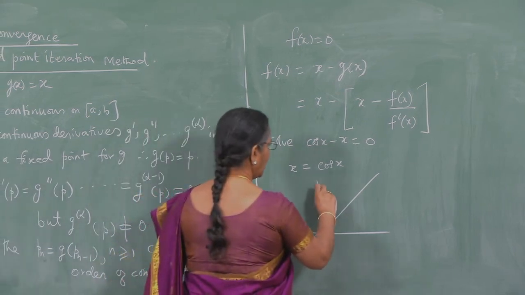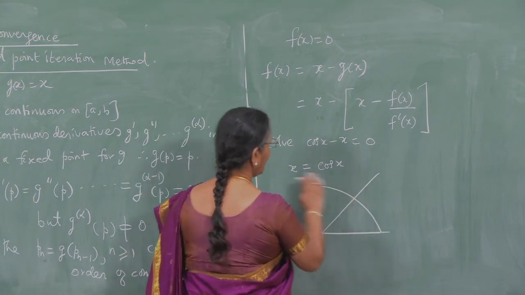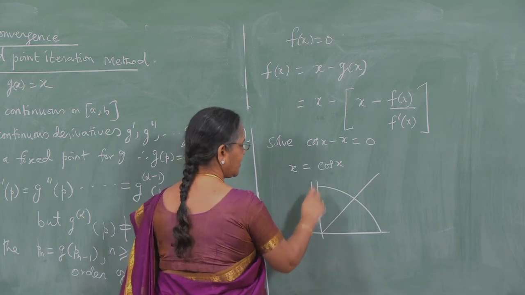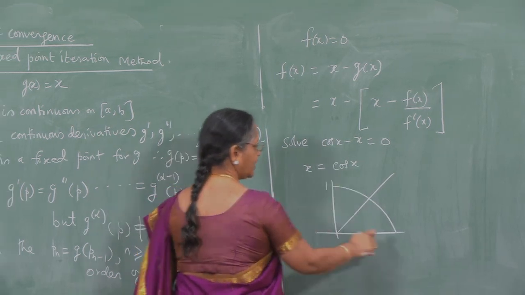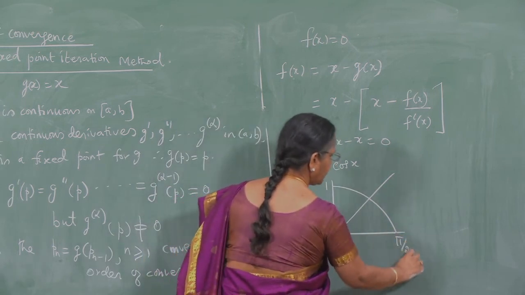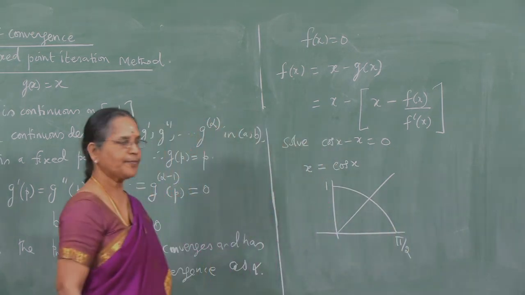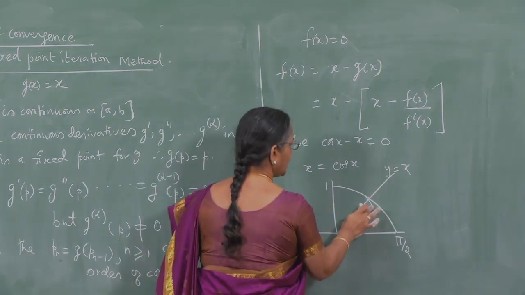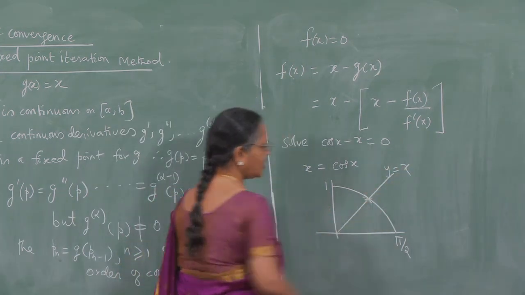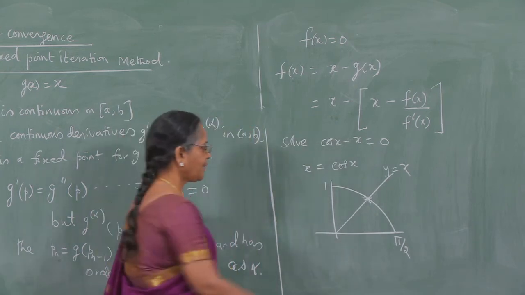So, if I draw the graph of y equal to cos x, at x equal to 0 it is 1, and at x equal to pi by 2 it is 0. This is the straight line y equal to x, and this is the point at which they cross each other.